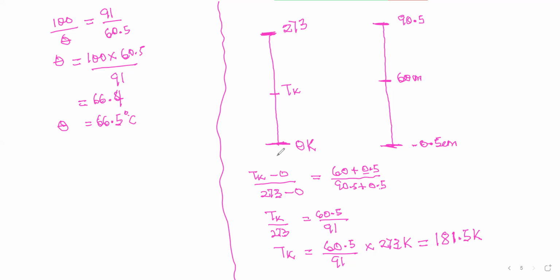So 0K is more or less like the lower fixed point, and this is the upper fixed point. So that is why we are looking at 0K.